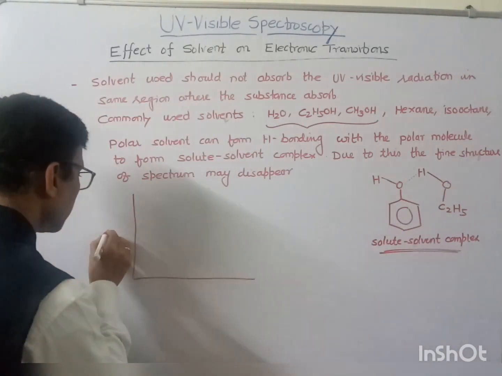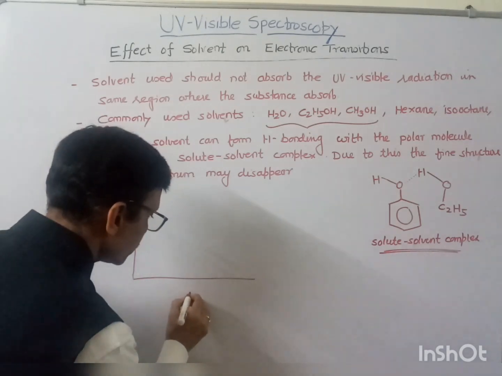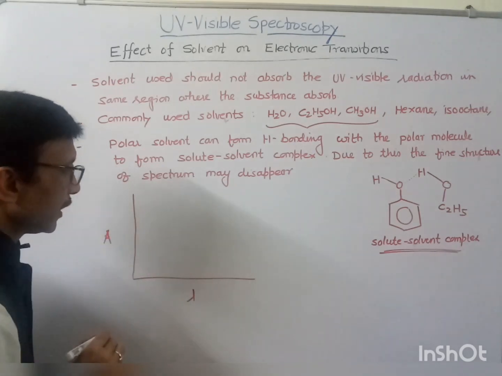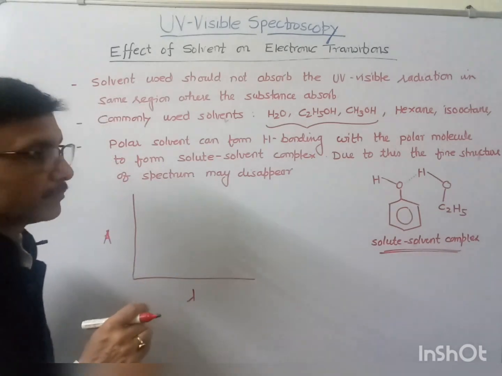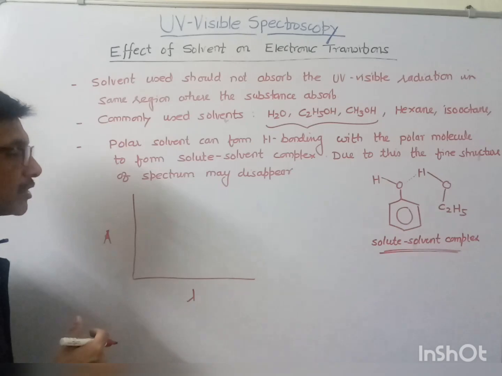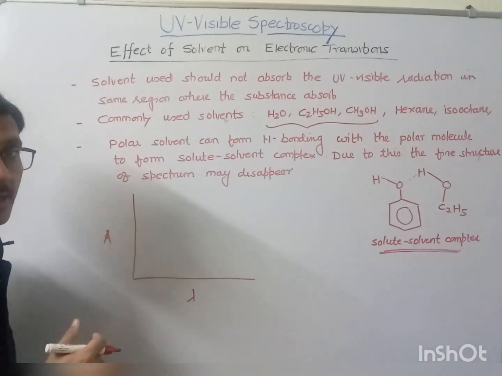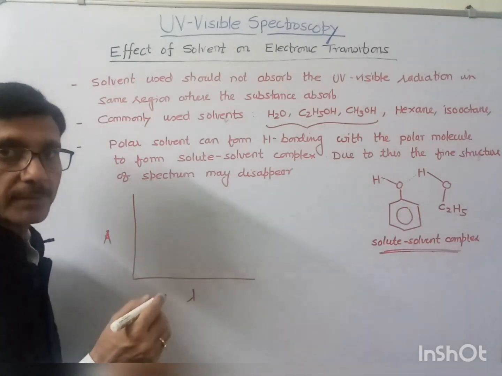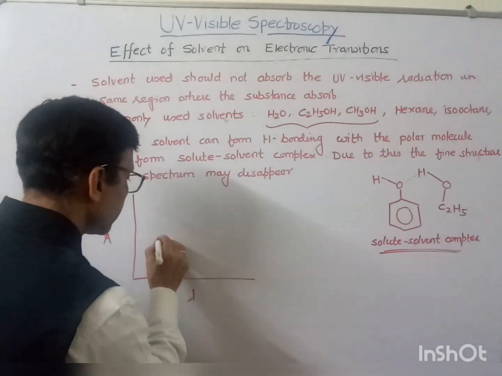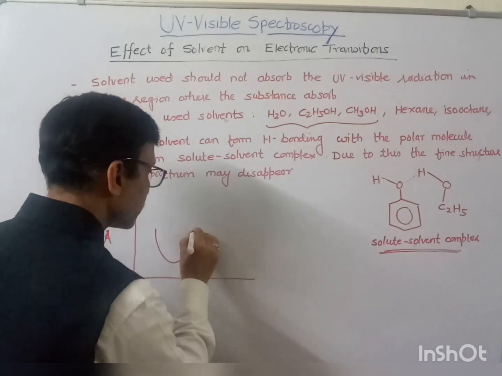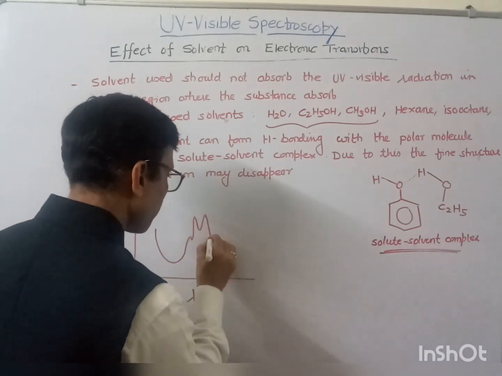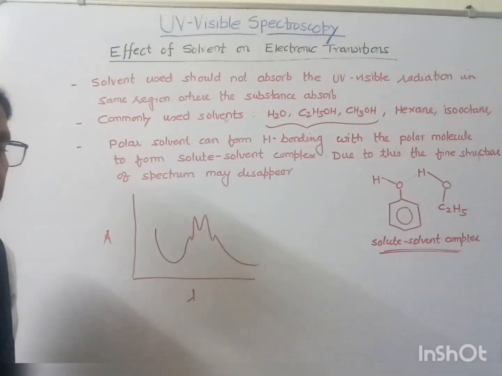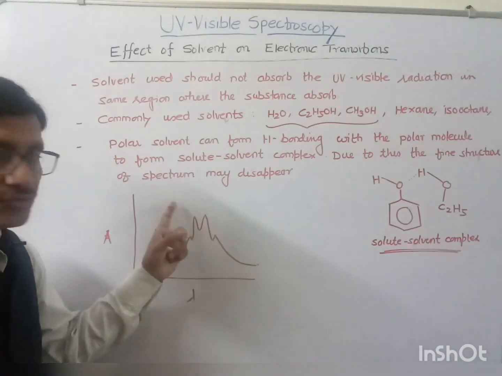Suppose we have a UV visible spectrum between absorbance and lambda. If we take the spectrum in the absence of polar solvent, and if we take it in the presence of polar solvent, then the spectra may look something like this. Suppose this is the spectrum where fine structure is present.